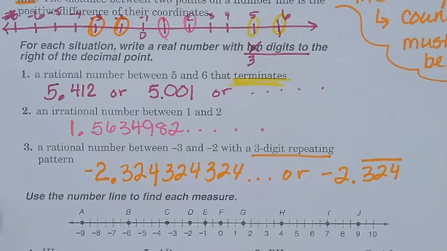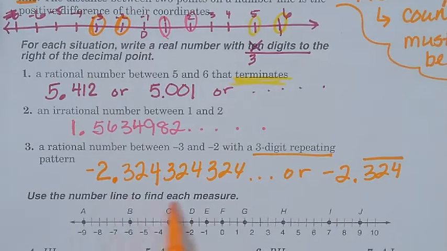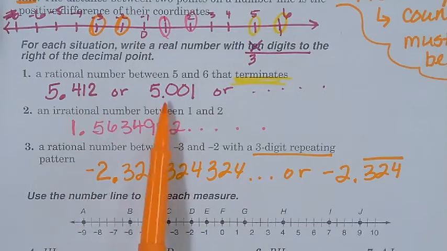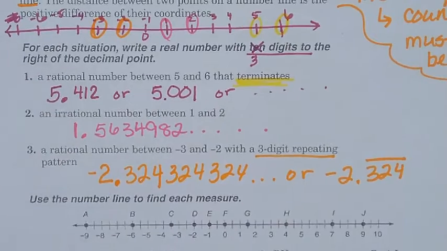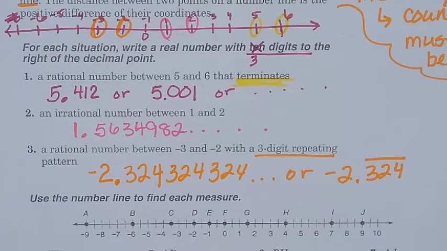Okay, so this is part of what your assignment today is going to look like. It's going to be giving you some information about the type of number that they want you to write. Okay? So what's going to happen is the numbers after the decimal point will change. They won't be the same for all of you, your answers will vary from what's in the book, but the number in front should be exactly the same.